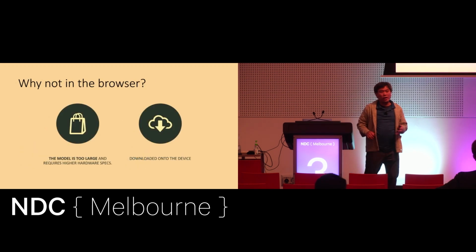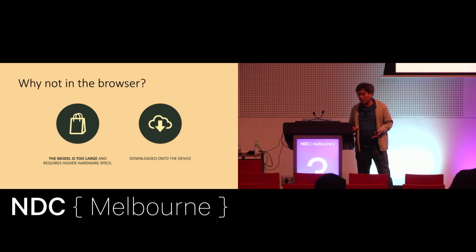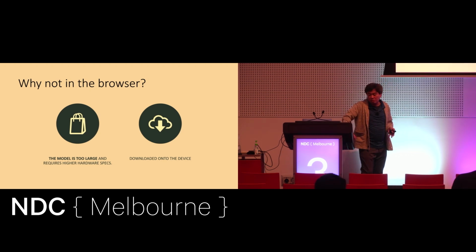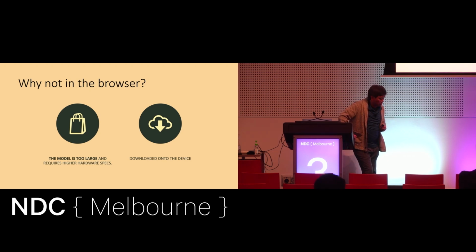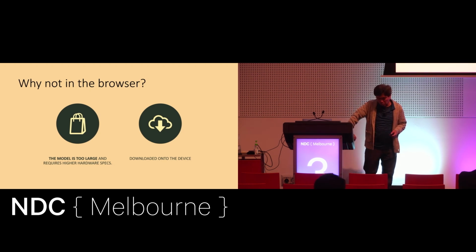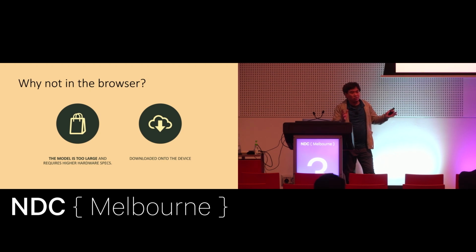So when should you not run it in the browser? Well, when the model is too large, or there are instances where it requires higher hardware specs. The company I work for does a lot of image processing and object detection, and some of the models can get large, 200 megabytes.